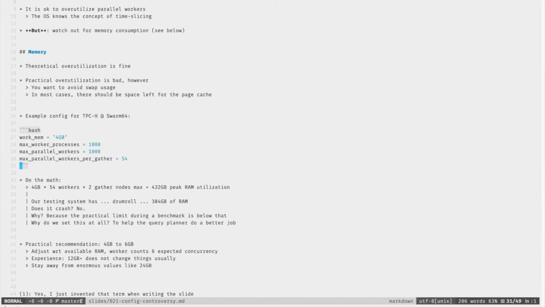Now, sticking a bit more to this memory topic. The point here is that a theoretical overutilization is totally fine. What does theoretical mean? Work mem is theoretical, right? Because there are two things here.